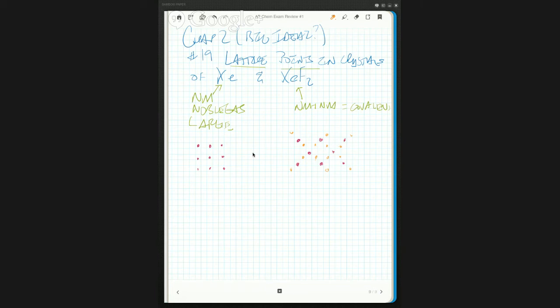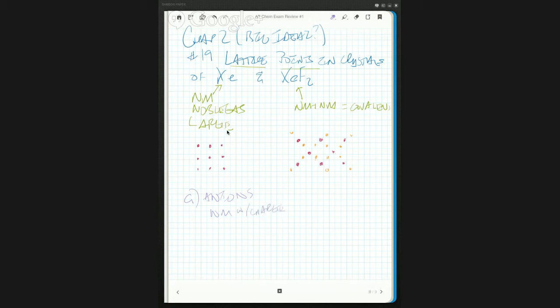So you have different points here. You've got points that are xenon, and points that are xenon and fluoride. Let's look at the options. It says some lattice points in each substance contain anions. So A says anions, right? Those are negative. Anions would be your nonmetals, but a nonmetal with a charge.